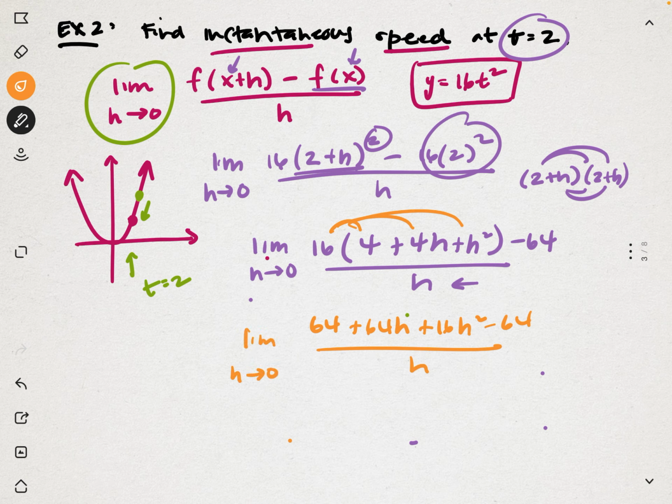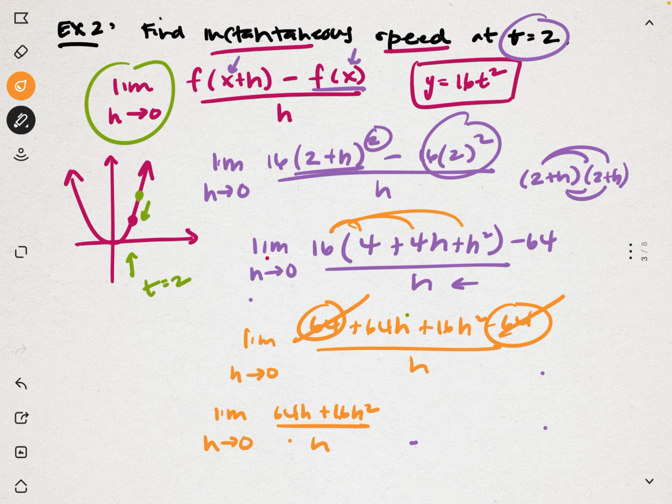Okay, still can't plug in, but what we can do is 64 minus 64 is 0. So that's nice, right? I might be running out of room, but let's try to fit it all in here to keep it neat. 64h plus 16h squared is left over, divided by h.